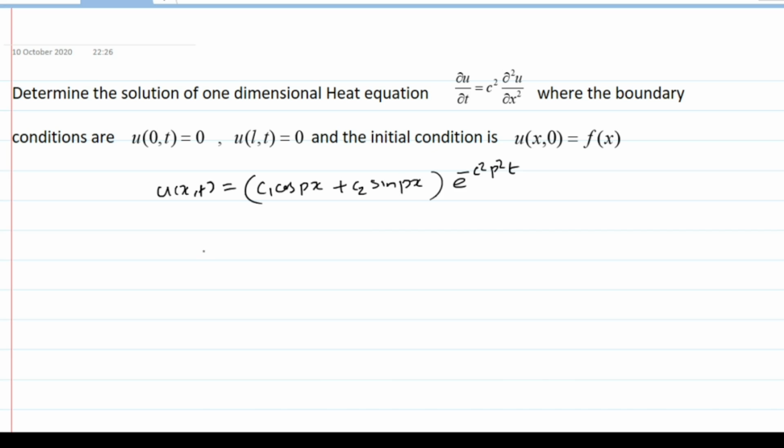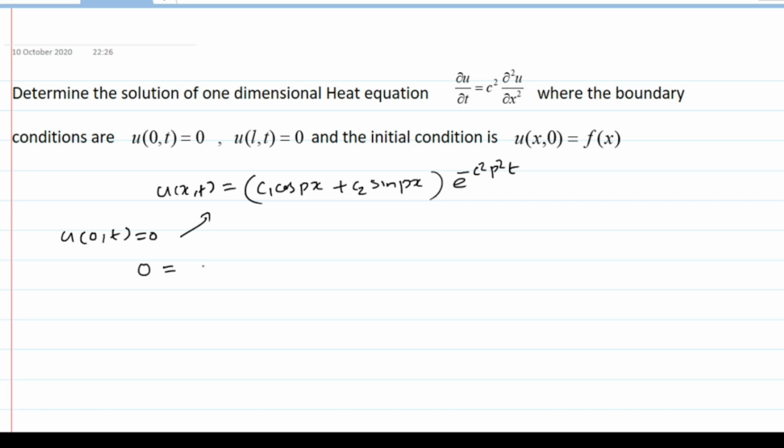Okay, so from this we apply the first boundary condition u(0,t) = 0. We apply this in this particular expression.